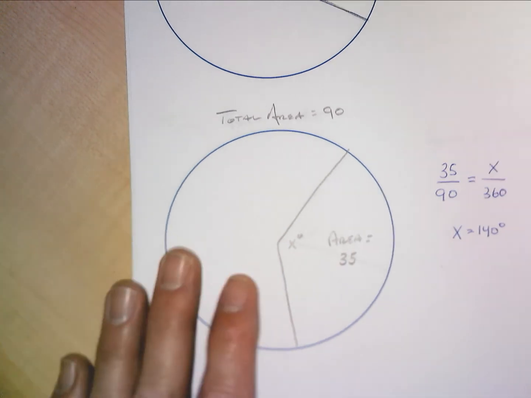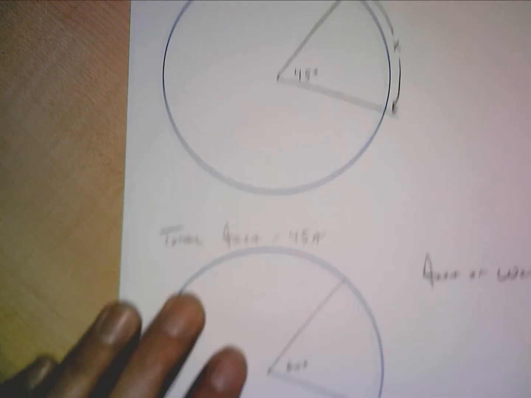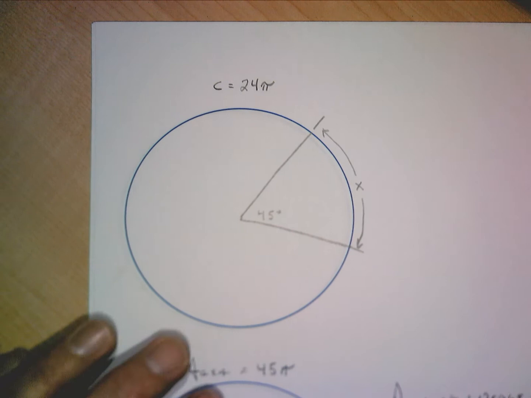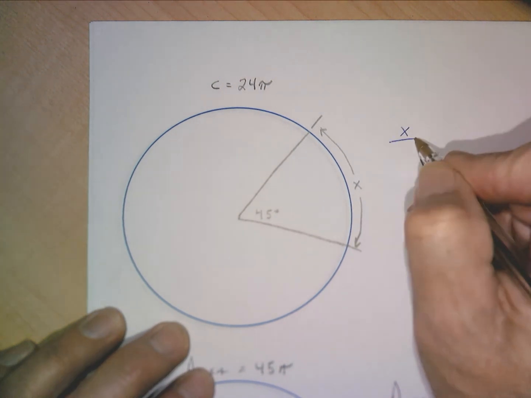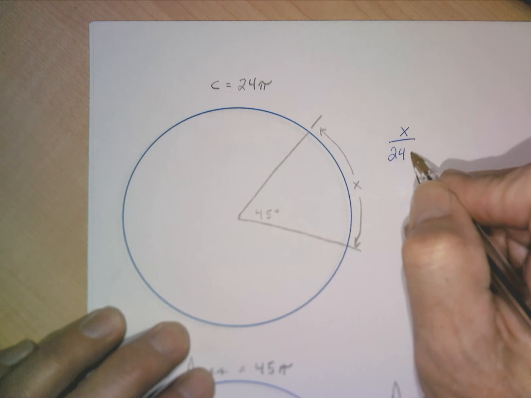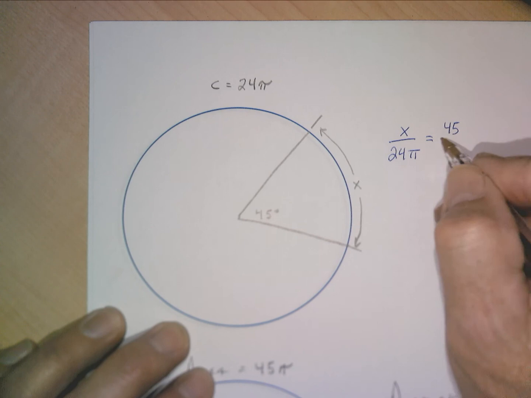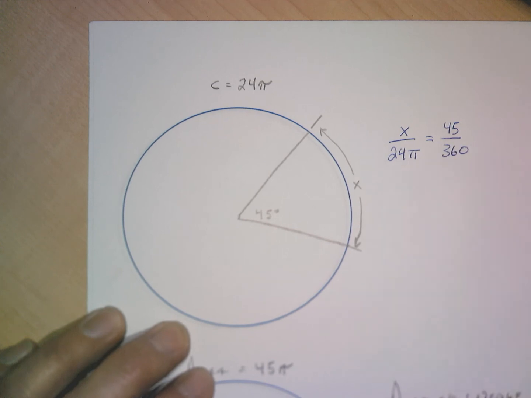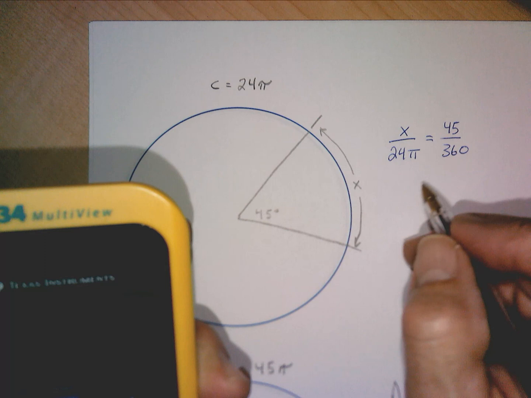Some of these you're going to have to carry pi through the problem with you. So in this case, I'm looking for x, so I have the length of the arc over the entire circumference is equal to 45 over 360, the problem that we had before, but I will carry the pi through with me. So 24 times 45 gave us 1080.